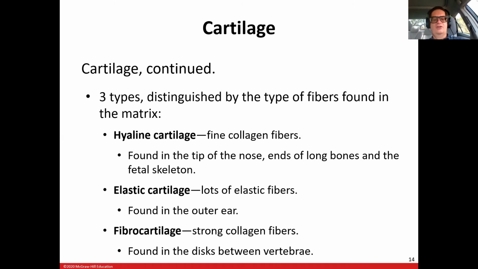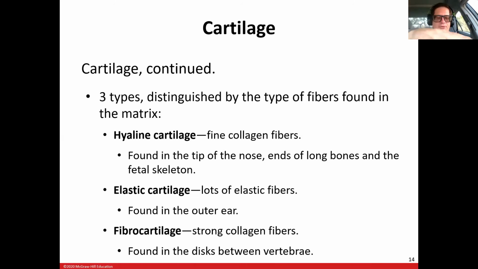Now, fibrocartilage is tough, gritty. This is the stuff that you have for absorbing shock, absorbing impact. So that's what you have between the discs of your vertebrae in your spine. If you ever watch a video of those kayakers going off a waterfall and they drop and land on the water, they call that boofing, by the way.